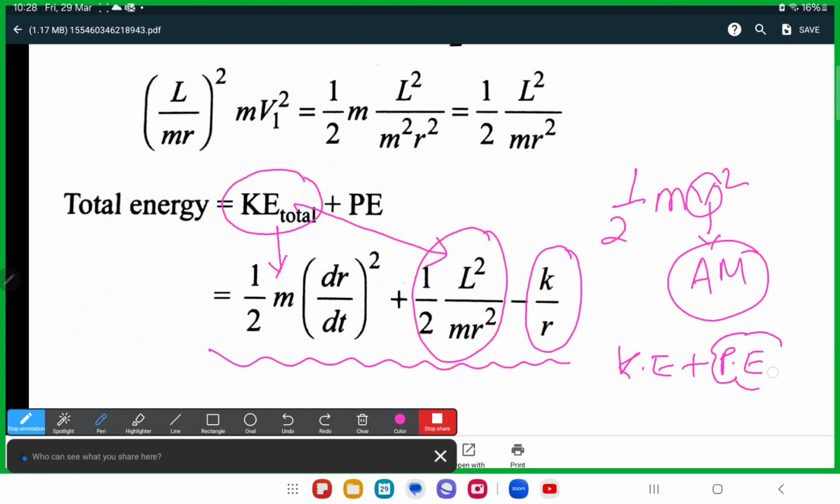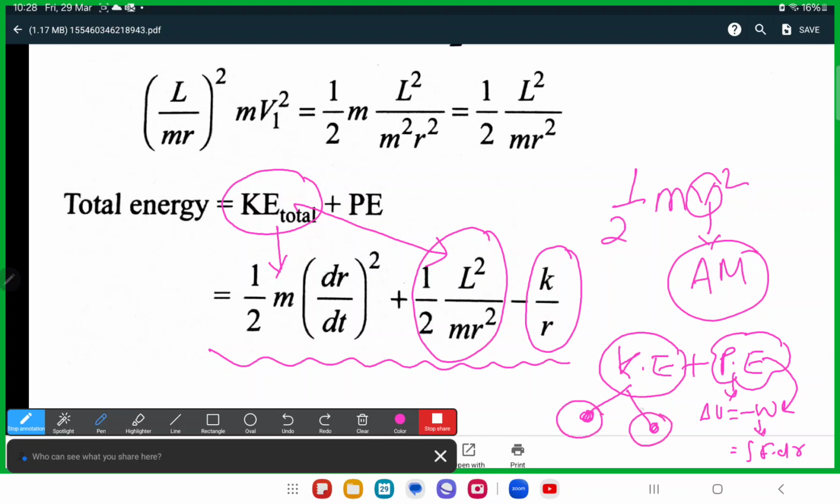Potential energy we can get by the chain of minus W, and W, whether constant or variable, is F dot dr. If constant, then F into dr. Potential energy is obtained by this chain, and for kinetic energy, if it is 2D motion, we can say radial and tangential, two types of velocity will exist. That's why in total, by this way you can do this question.